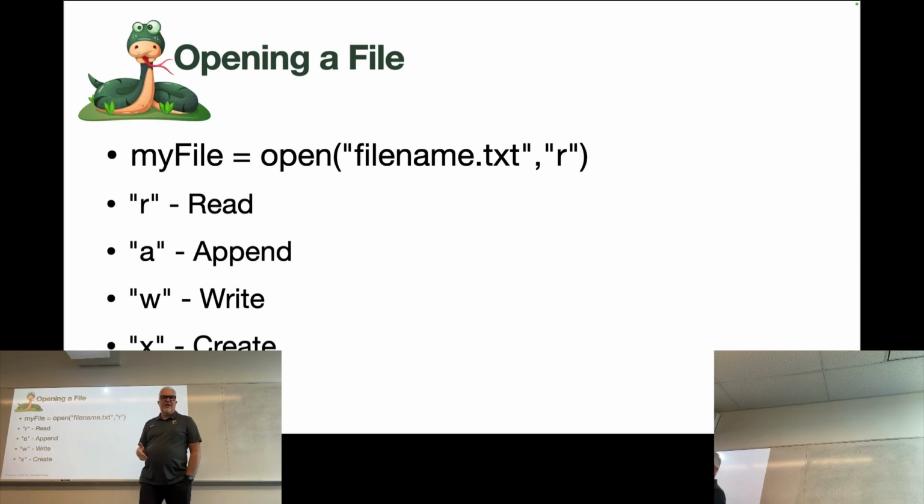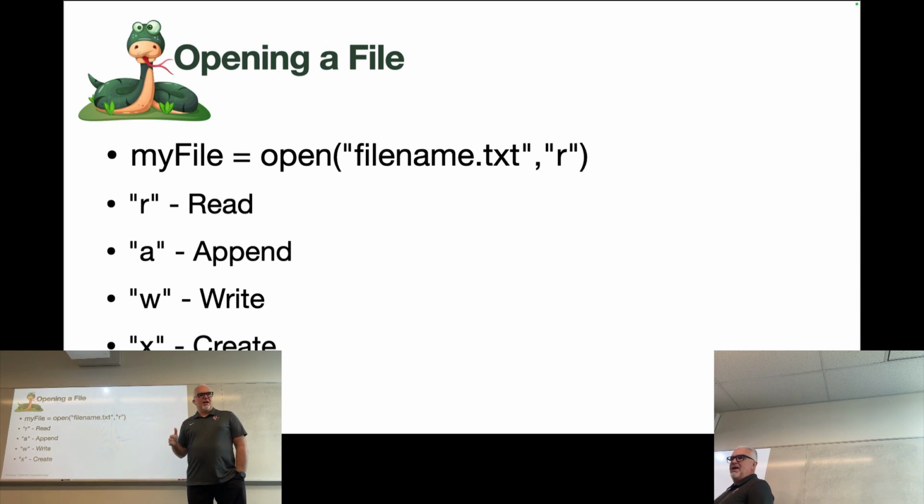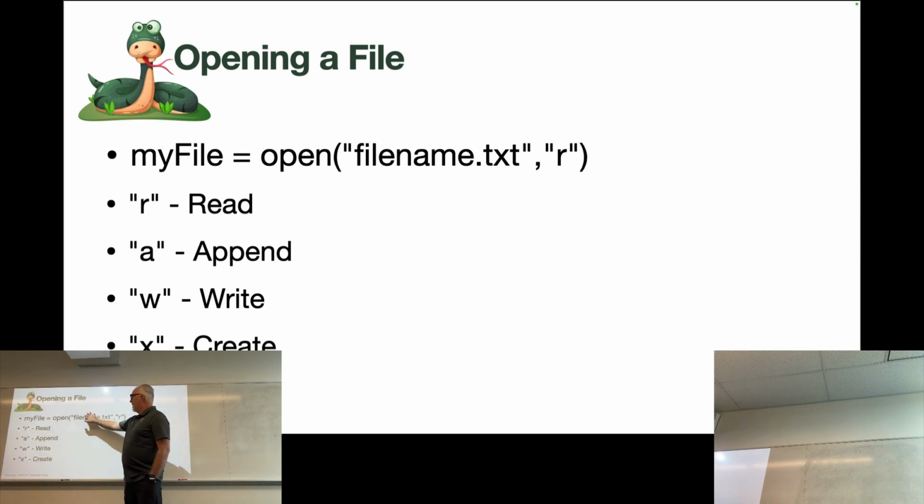And the main reason for that is because the ability to open or manipulate a file anywhere on your computer is one of those with great power comes great responsibility kind of problems, because what you can accidentally do is change or delete any file on your computer from any Python script, which means you could go in and accidentally delete system files or Windows files or whatever. So right now, all we're going to put inside these quotes is just the file name. So that means the file is going to live right in the same directory.